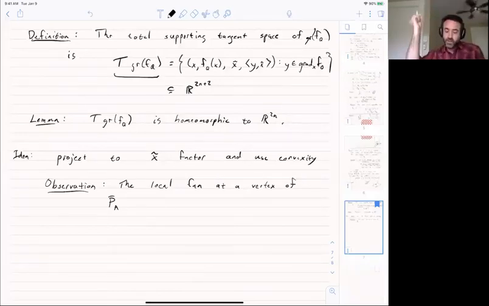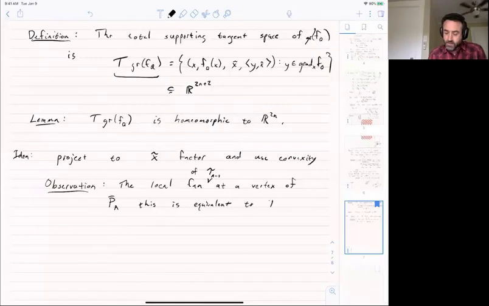And so if you take the local fan of the phase tropical, of this phase tropical at one of these guys, then the observation is that this is equivalent to a total tangent space. And in fact, here, we can even say what Q is.